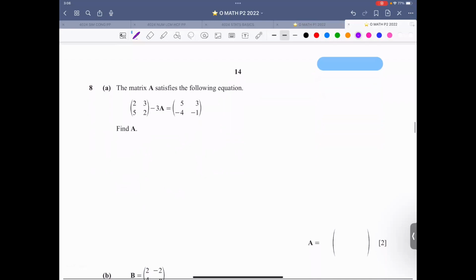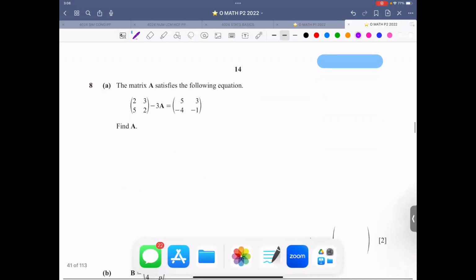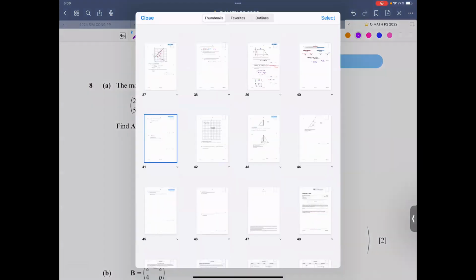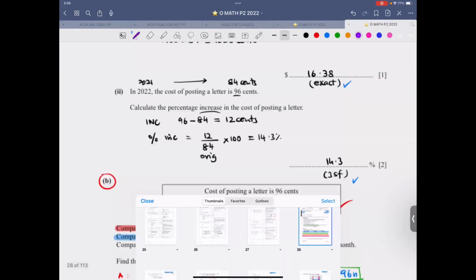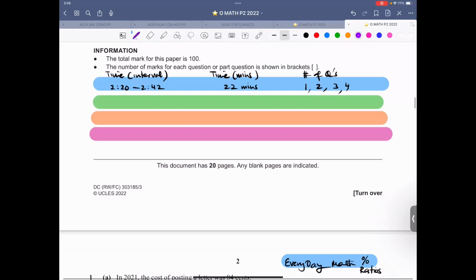So now it's 3:06. Let me double check how much work we have done. We did questions number 5, 6, 7. Let's say we started off at 2:43, and this is 3:06, actually 3:07.